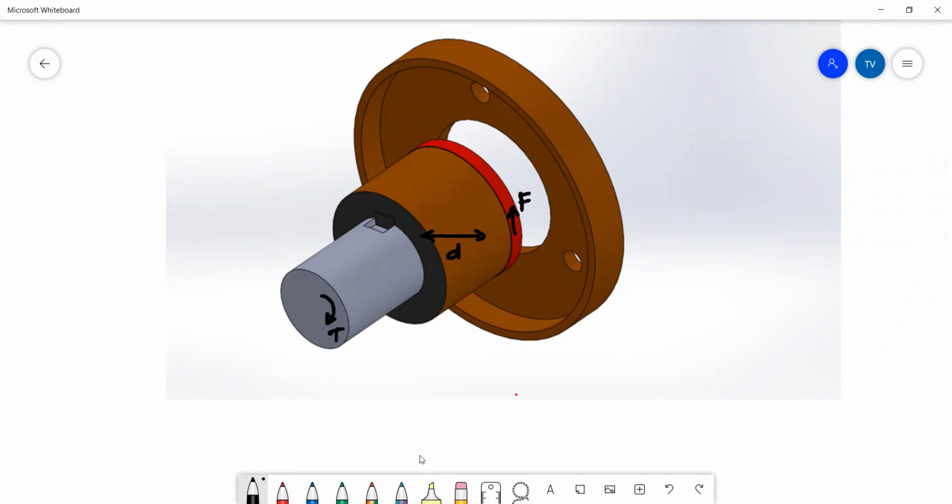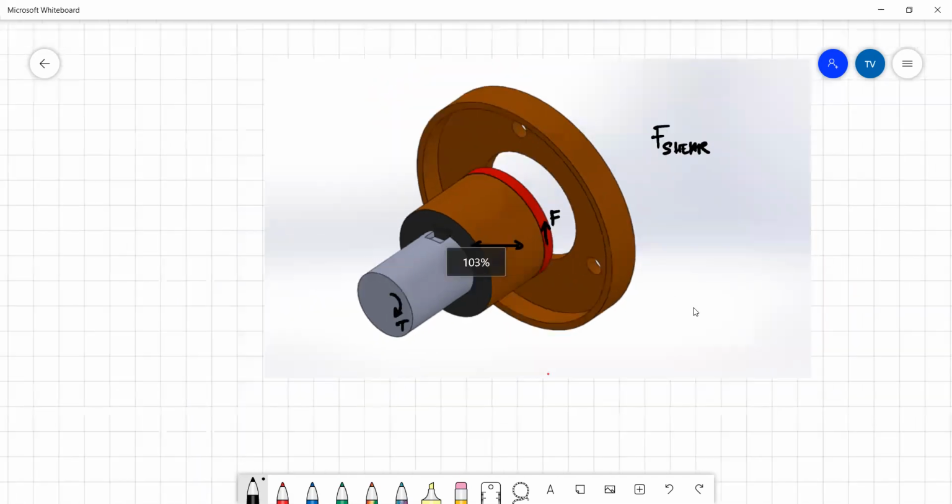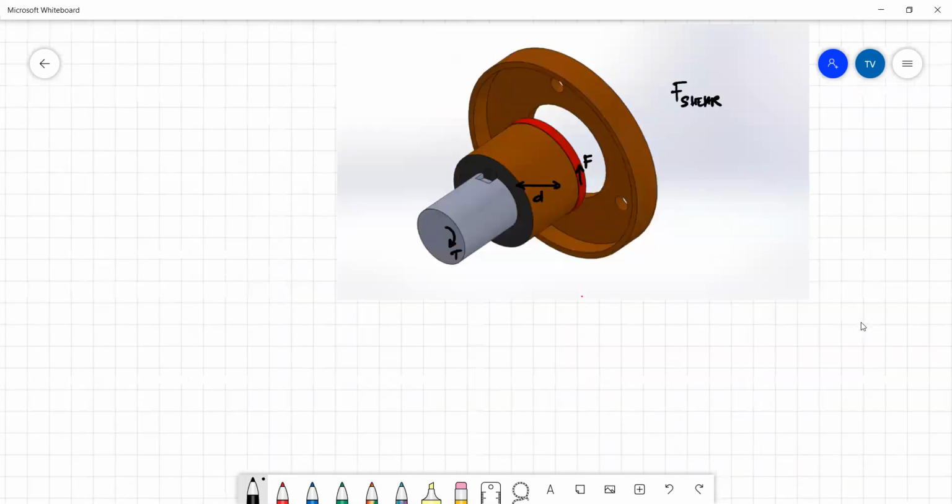The force is reacting in that direction. So what kind of force are we expecting here? So for the key, we had a shear force. For the hub, we have a tensile force. For the web, we have a shear force. So we'll be looking at the shear strength or the shear stress to help decide our design.